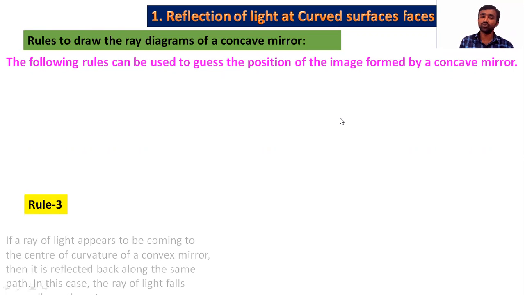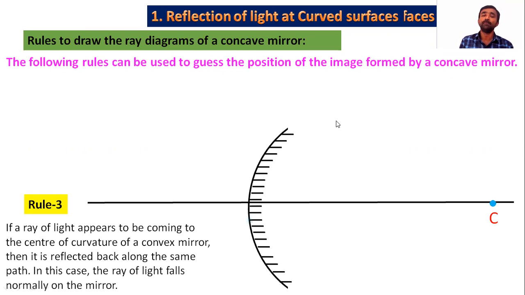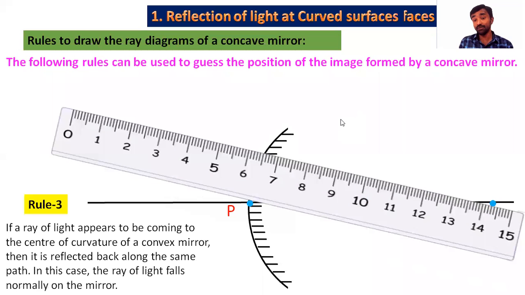So in this case also, we will have a light ray which appears to meet, or is directed towards, the center of curvature of a convex mirror, right? So we will follow this logic. I am using a scale to connect the convex surface with the center of curvature. Are you following?